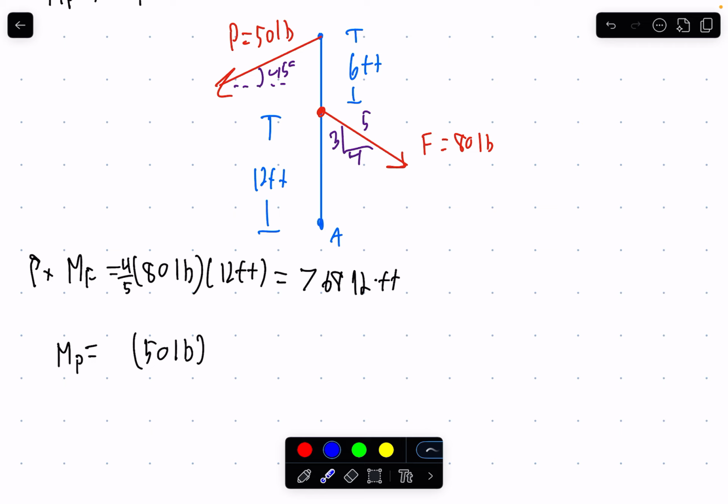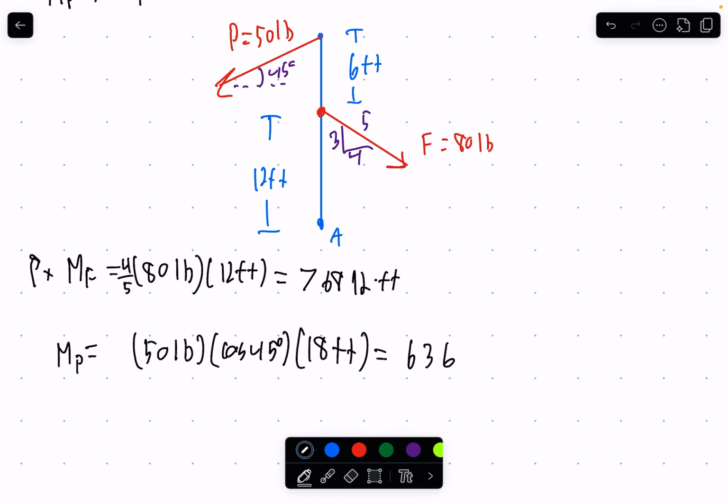I'm going to find that horizontal component by using the cosine of 45 right here. You could actually use the sine of 45 too with the same value, but we use the cosine because it makes a little more sense. It's going to be acting a total of 18 feet from point A, and you should get a moment of 636 pound-foot.